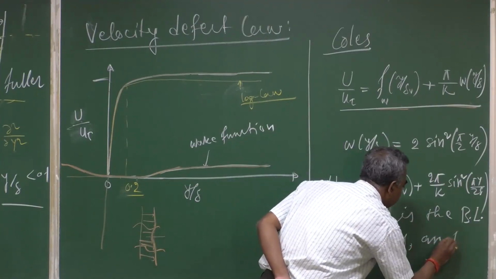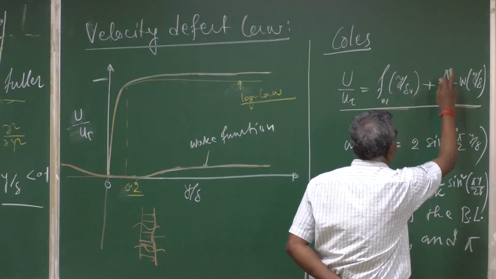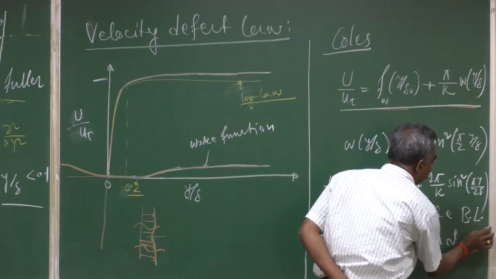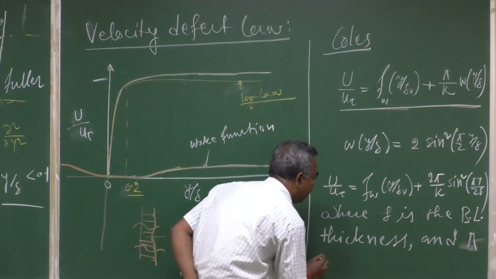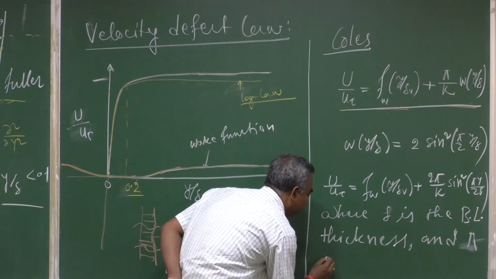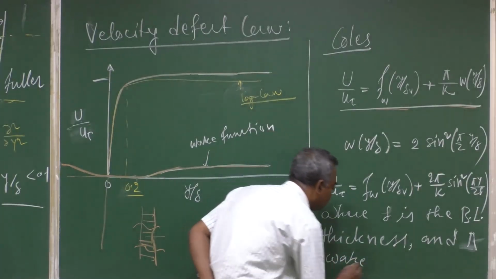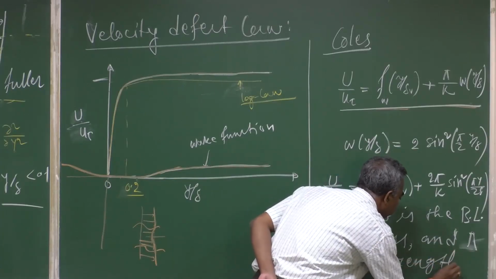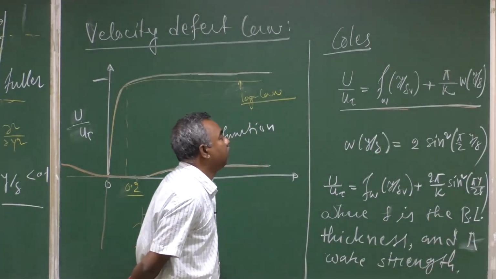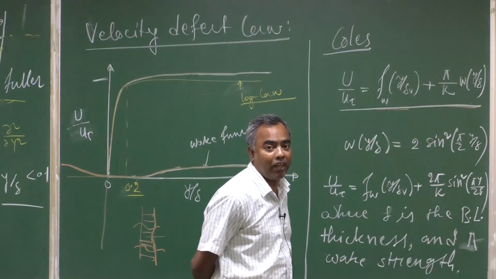And pi, this is capital pi. So, this capital pi, let us say it is known as wake strength. This is the non-dimensional constant, wake strength, which is a non-dimensional constant. 1 by kappa, its value is 0.41.